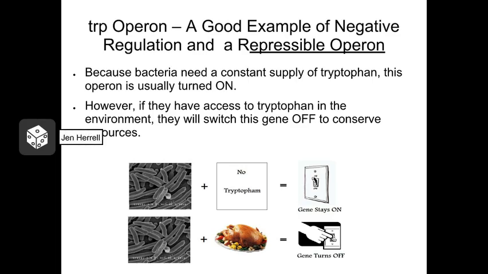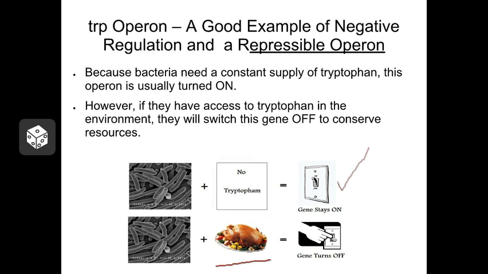Next, let's discuss how bacteria can control this operon. Now, most of the time, tryptophan isn't readily available in the diet. Since there's no tryptophan available, the cells need to make it, and so that gene, that operon, will be turned on most of the time. However, let's consider what might happen if you eat a food rich in tryptophan, such as turkey.